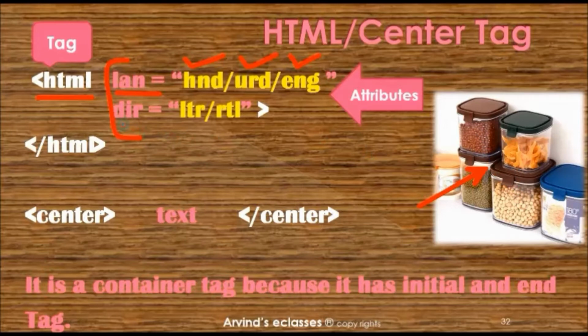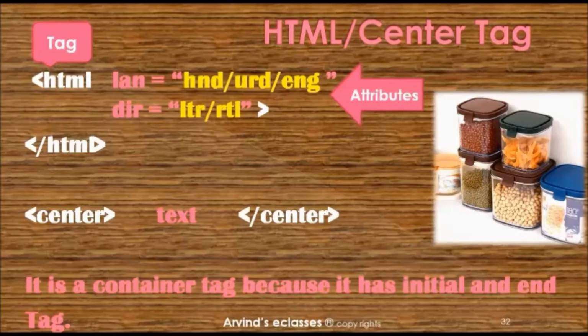Second one is dir, which stands for direction. Hindi and English both have content left to right. Take the example of Urdu and Arabic languages, they have content from right to left. So this dir attribute sets the direction of your content.